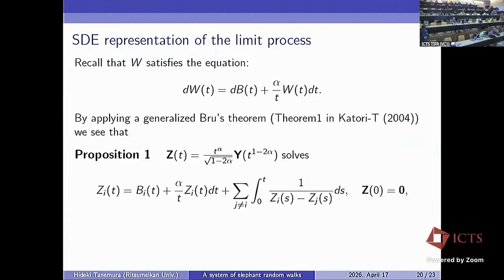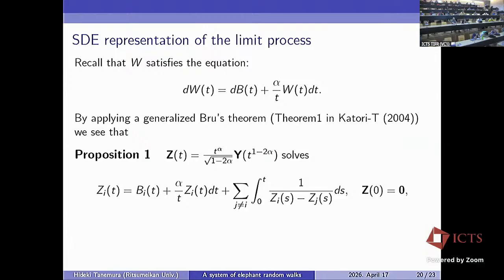With this kind of scaling, this becomes the Ornstein-Uhlenbeck process. Instead of considering a Brownian motion, if you use this kind of time scaling, this becomes a process of Ornstein-Uhlenbeck type. And this was originally discussed by Dyson.